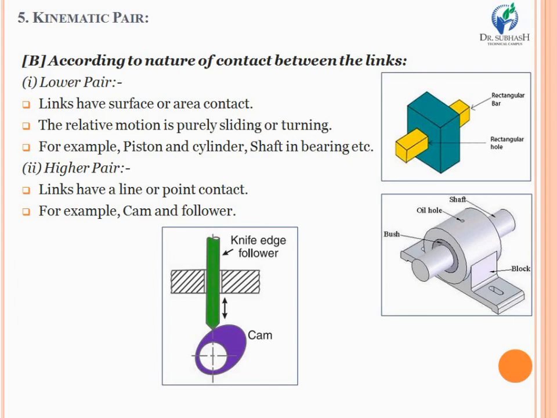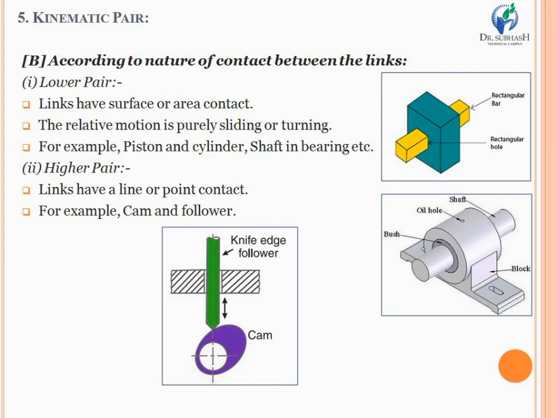If you are talking about the higher pair, then when two links are connected in such a manner that they have line or even point contact, whenever it transmits motion and power, that will be known as a higher pair. For example, if you are taking a cam and follower, we know that the follower end has a knife contact.